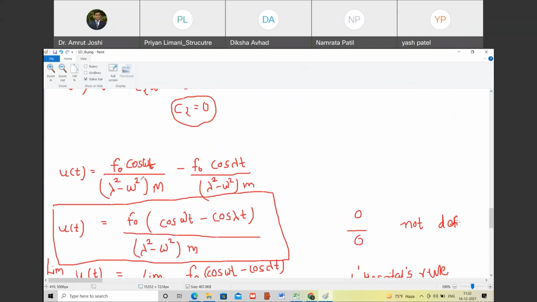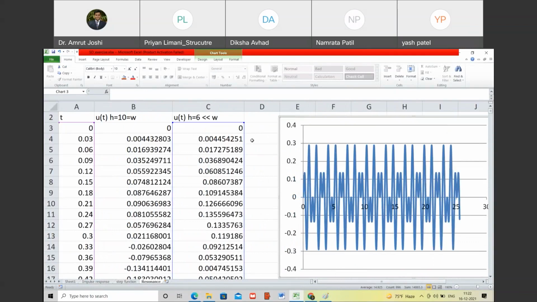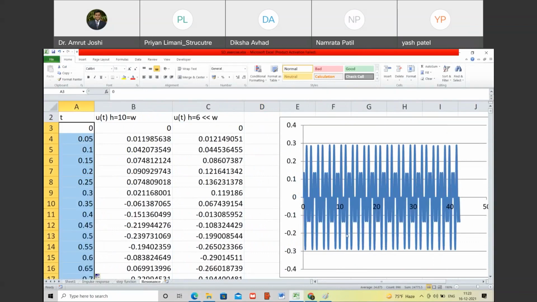F0 cos lambda t. Let me plot the response up to a still higher value, so 0.05. What do you observe in this response? Once again, let us plot it for lesser time.